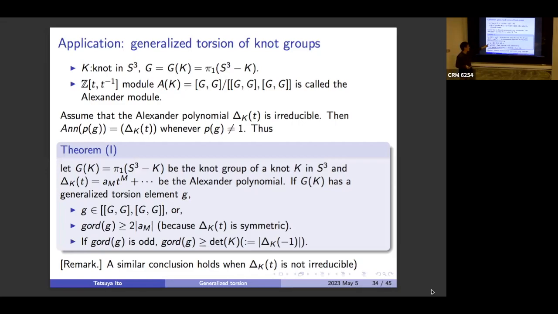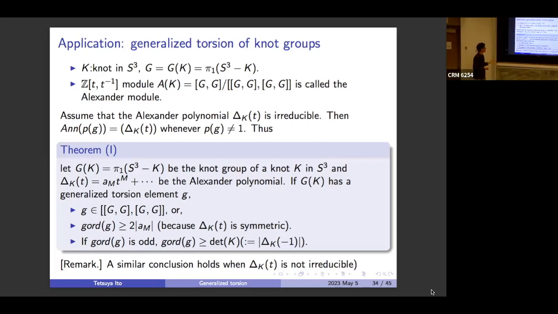Either z belongs to the second derived series, or the generalized torsion order is greater than twice the top coefficient, or, if the generalized torsion order is odd, it is bounded below by the so-called determinant of the knot. Here, for a technical reason, I stated the theorem for the case where the Alexander polynomial is irreducible, but by taking an irreducible factor, we can draw a similar conclusion.